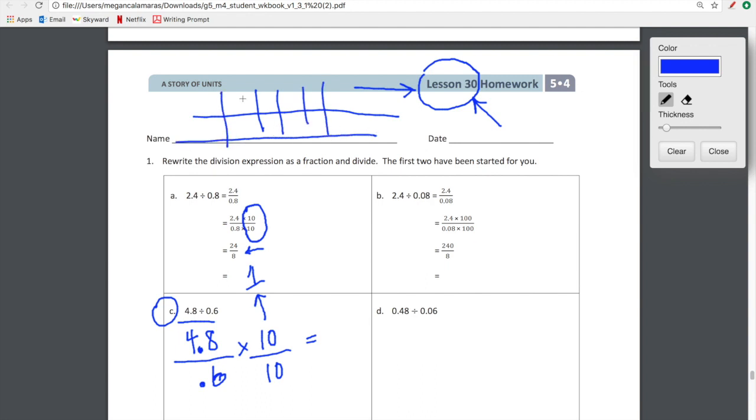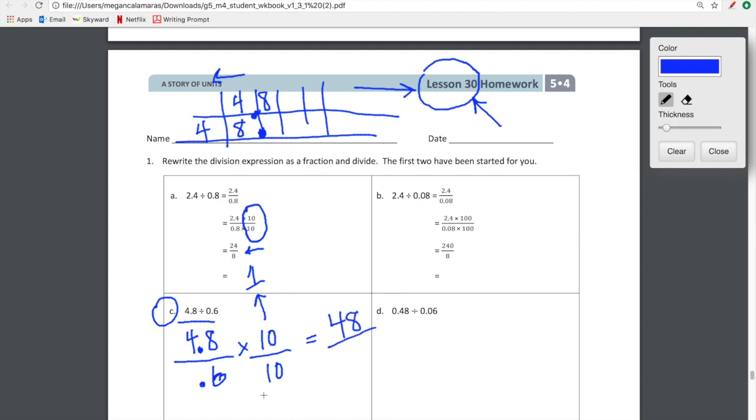The digits are going to shift 1 place value because there's 1 zero in 10. So our 4 is going to go here and our 8 is going to go here. 4.8 times 10 is 48.